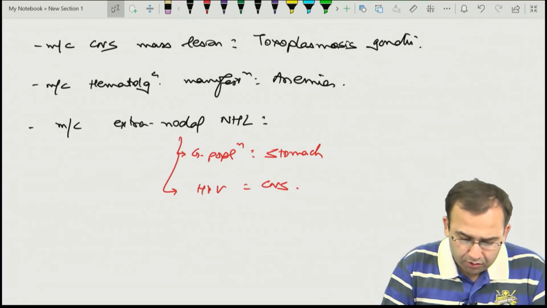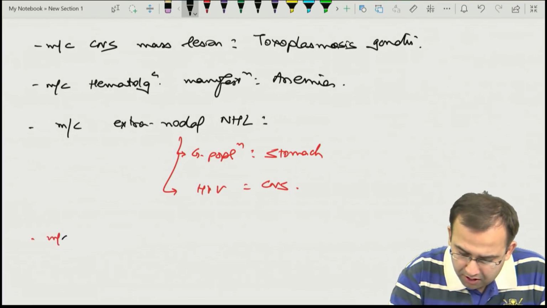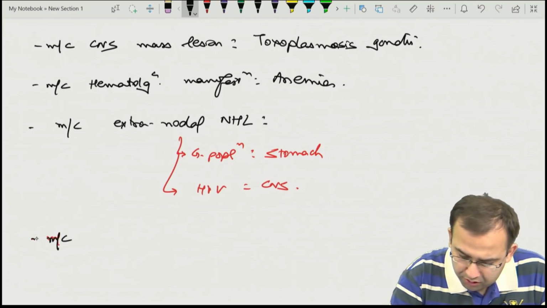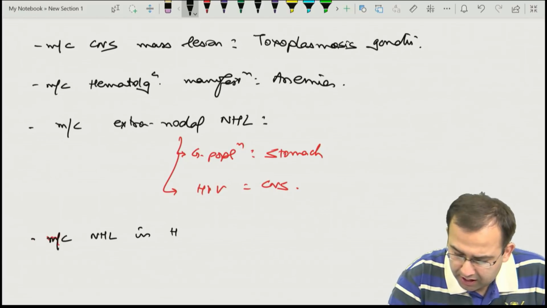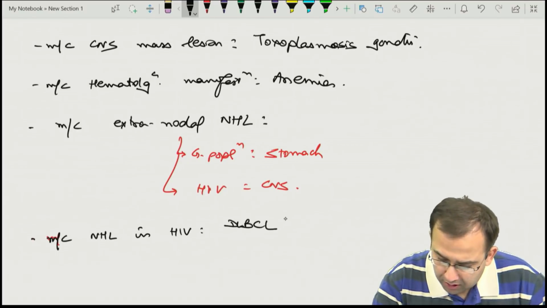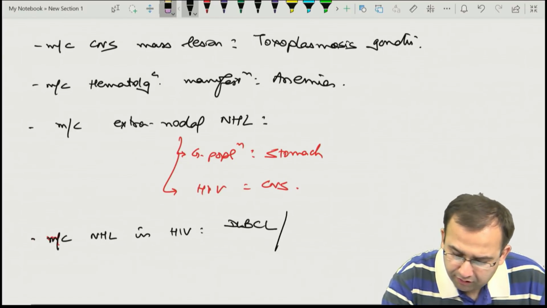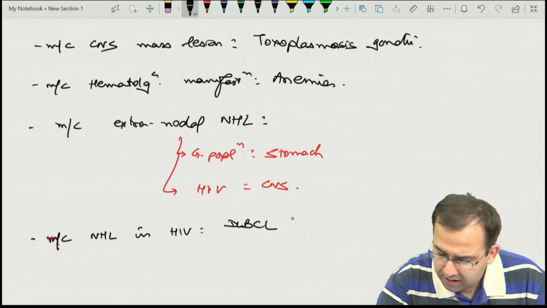Next point, most common non-Hodgkin's lymphoma in HIV is DLBCL, diffuse large B-cell lymphoma, followed by Burkitt's lymphoma.